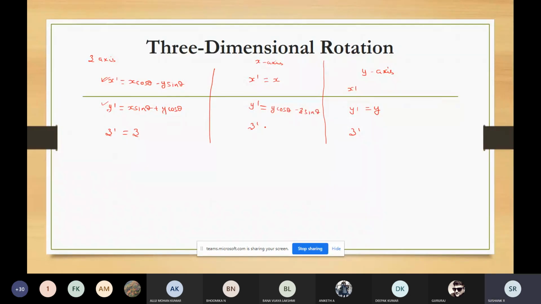So z dash is equal to y sin theta plus z cos theta. Cyclic rotation, that's all.